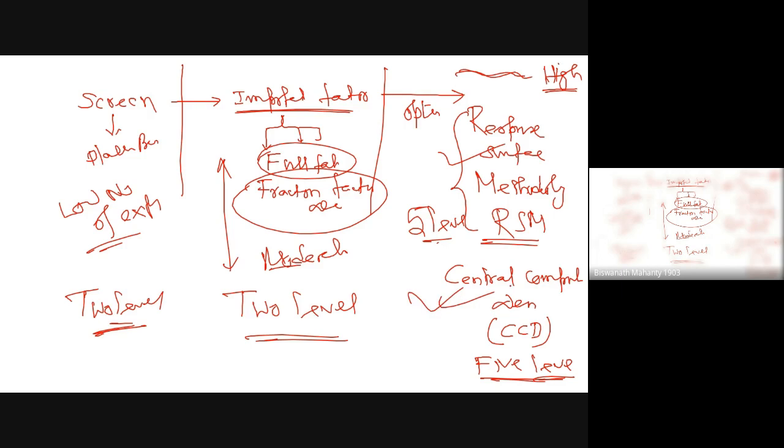And at that time I will tell you, or you can find out, what is the optimal combination of the variables giving your desired product. This experimental design is not only for biotech, it is used in all industries. Anyone trying to optimize will have to do this design. Anyone in any field, not only biotechnology or media or microbiology, in any domain, it is very useful for their applications.